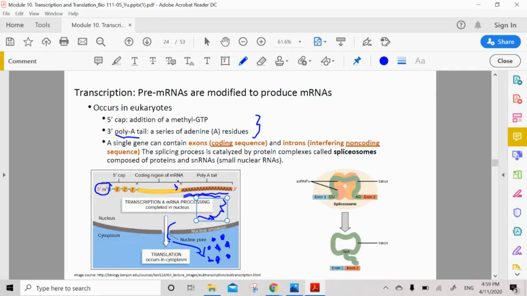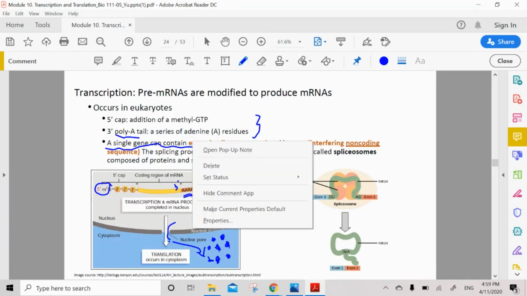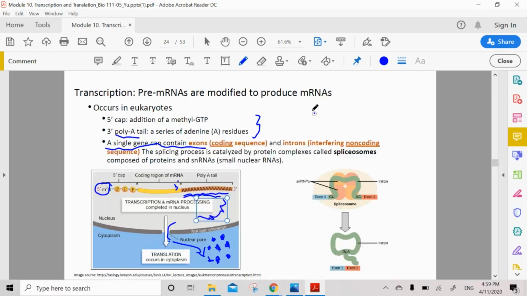The third one is a little bit complicated, so just bear with me. When we look at a gene, it may contain exons, which are coding sequence, and introns, which are non-coding sequence. How do you differentiate and memorize these two? You can think of the E in exons as expressed.